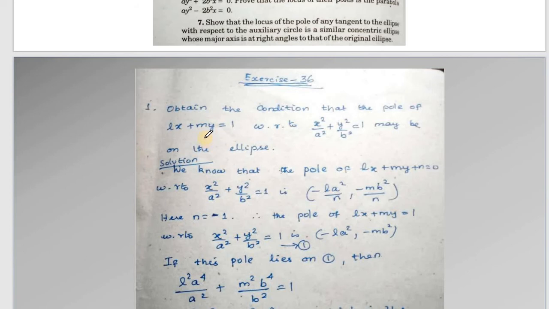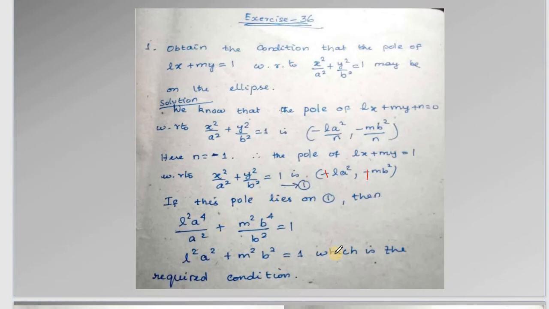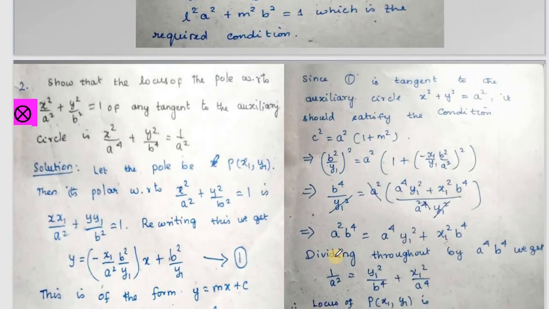And comparing this with Lx plus My plus n equal to 0, we conclude that n is equal to -1. And therefore the pole of this will be, since n is equal to -1, plus La square, and plus Mb square, and this pole lies on this ellipse, by assuming that we'll have to arrive at the condition. So we are substituting, and the condition is obtained.